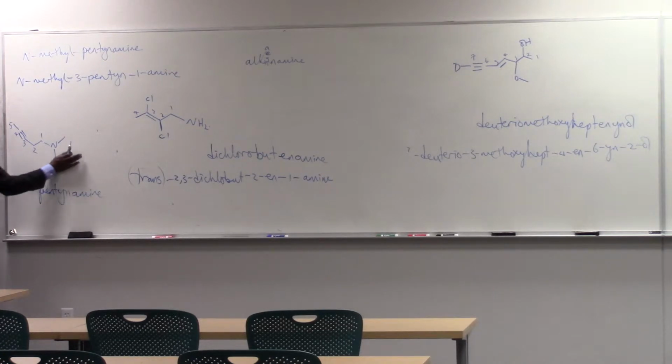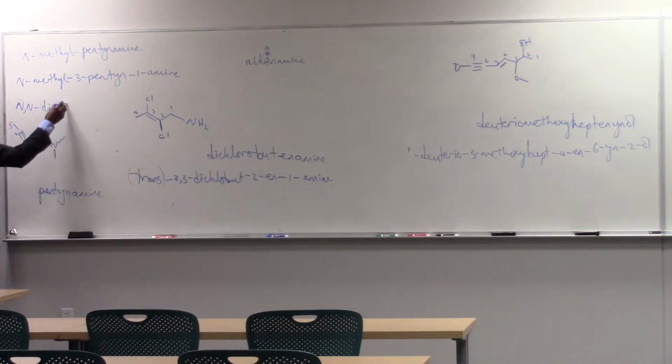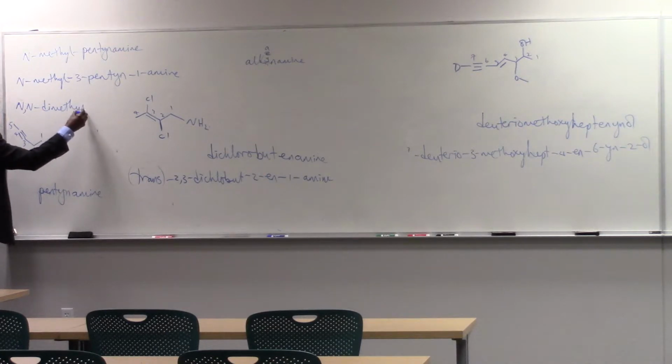If I had two methyls, I would call it N,N-dimethyl, and then I'd feed here. So the N,N-dimethyl 3-pentin 1-amine.